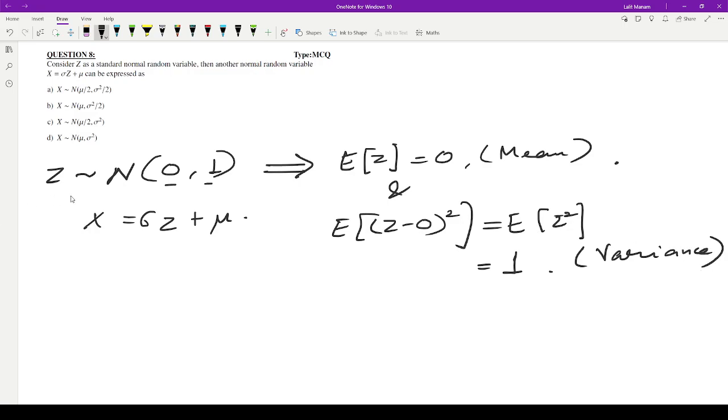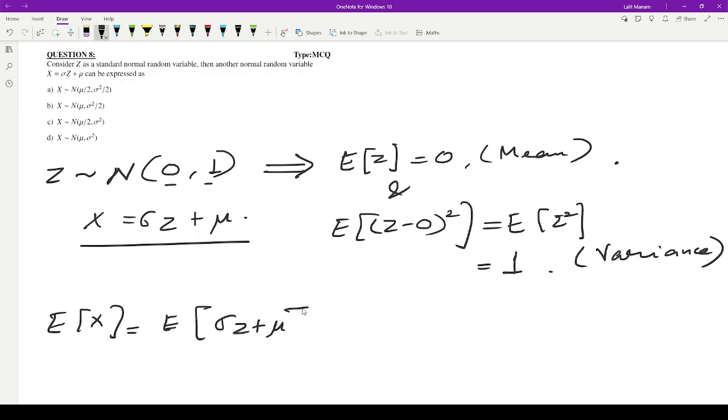Okay. So now we are given x equals sigma z plus mu, which implies what? Now we want to get the mean and variance of x. So for that we take the expectation of x. Expectation of x is, we'll just replace the expression, sigma z plus mu, which gives us sigma times expectation of z, because z is a random variable and sigma is a constant, plus mu.